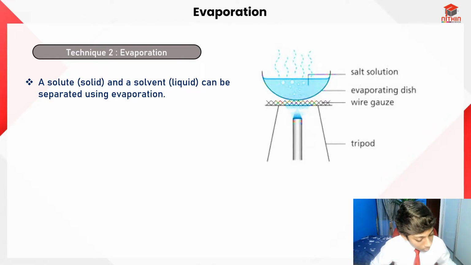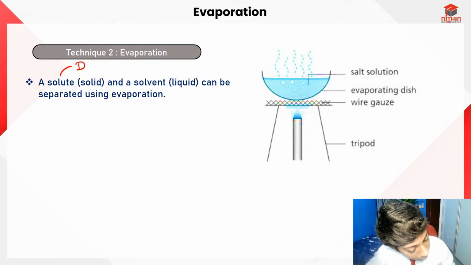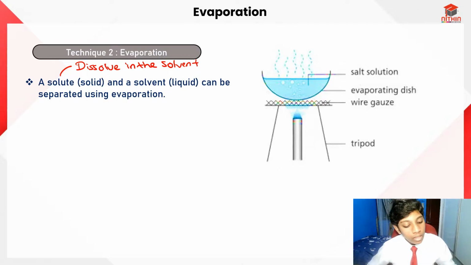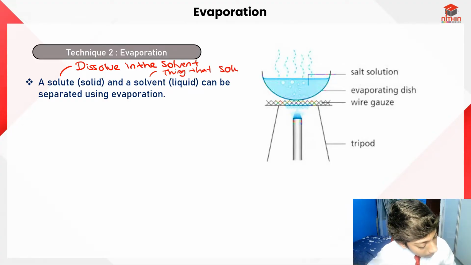Do you remember what solutes and solvents mean? A solute is the thing that you're going to dissolve in the solvent, while the solvent is the thing that solutes dissolve in.